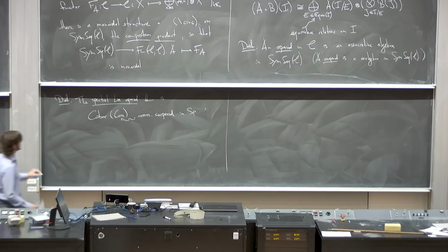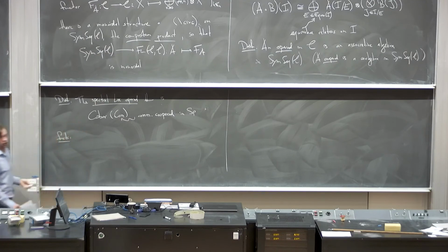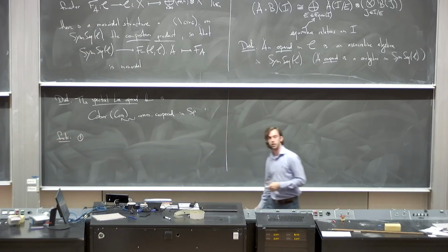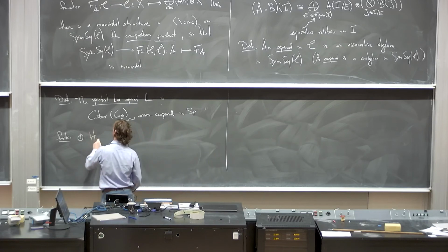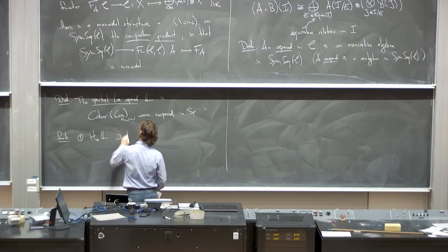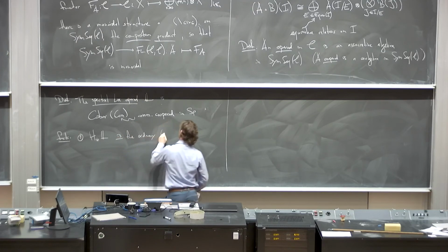So this is the definition. Let me just state some facts about this operad. First of all, this is an operad in spectra that you should think of as an enhancement of the ordinary Lie operad. Enhancement in the following particular sense: if you just take degree-wise the homology of these spectra, you reproduce the ordinary Lie operad. So H star of L really is the ordinary Lie operad, but shifted.